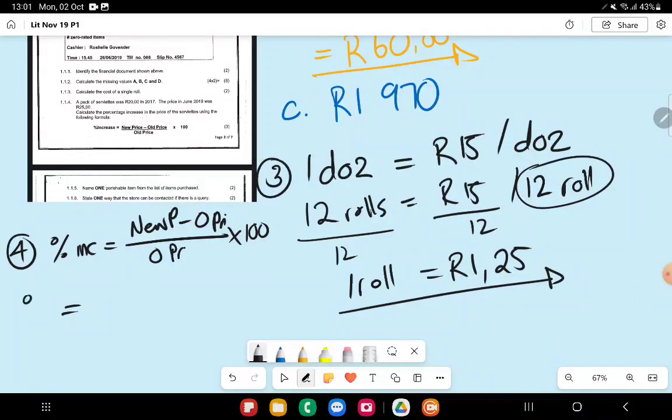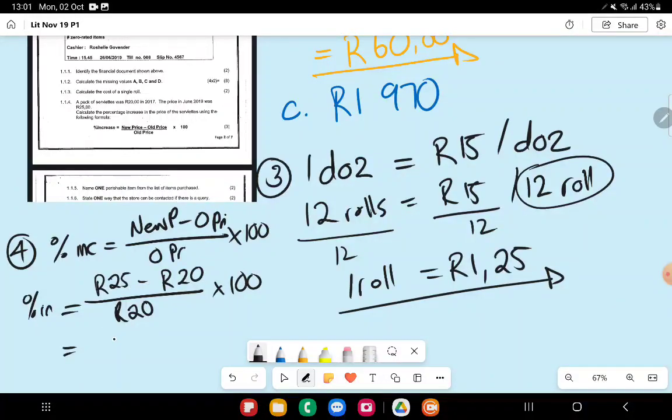That means my percent increase is going to be new price 25 Rand minus old price 20 Rand, divided by old price 20 Rand, times 100.